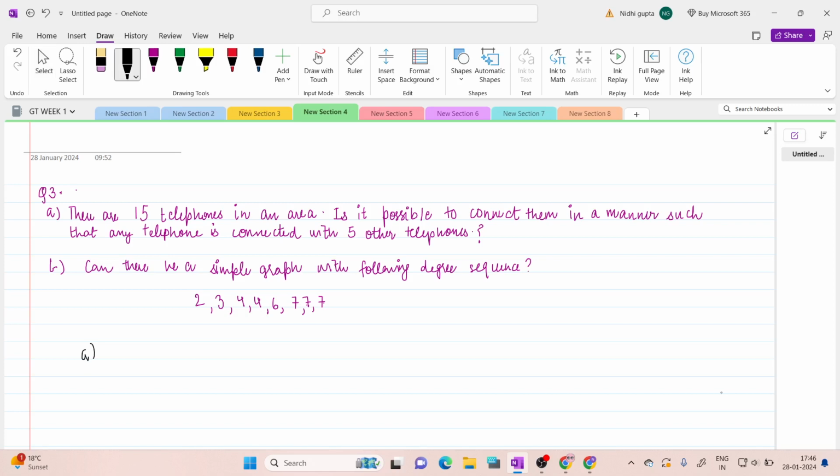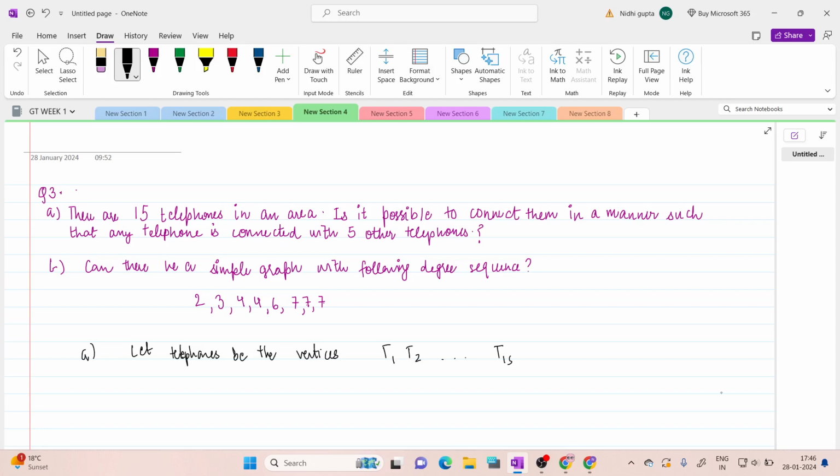Telephones. Yes. So we can let telephones be the vertices. So we have 15 vertices, T1, T2, up to T15.